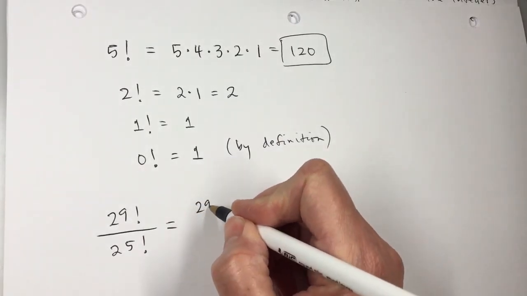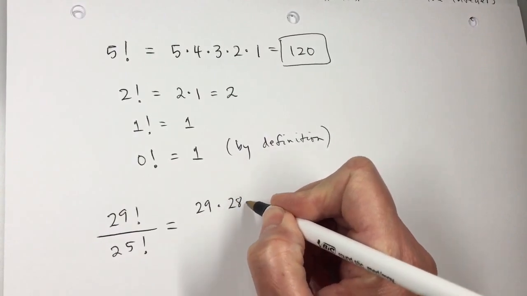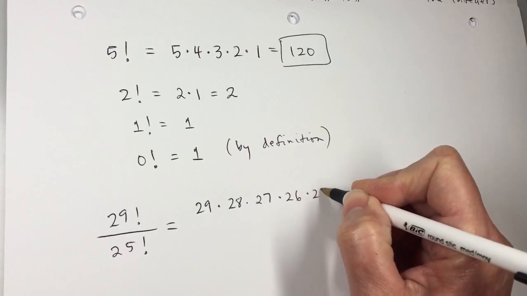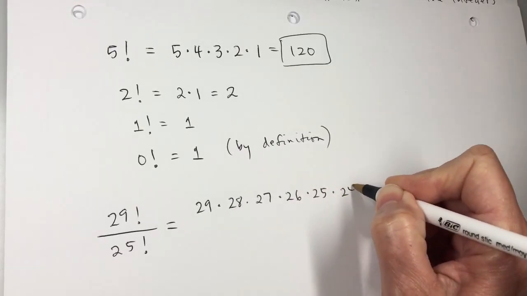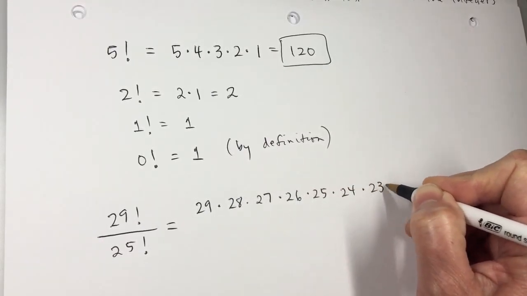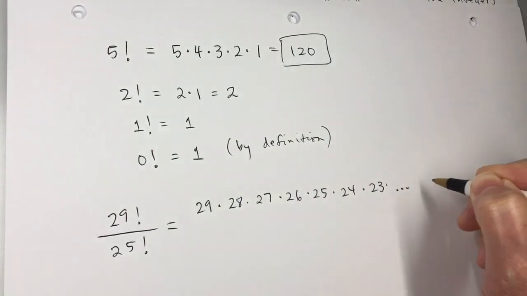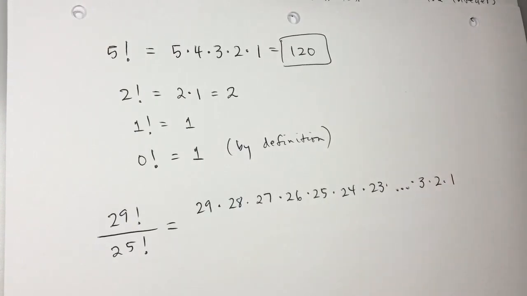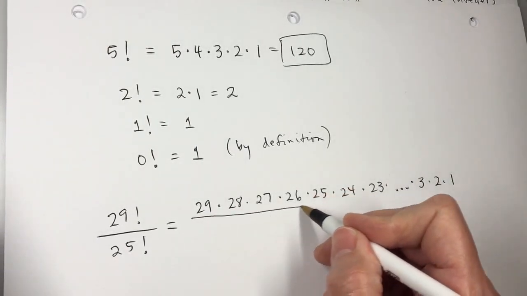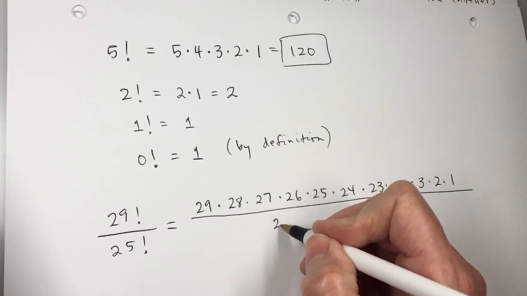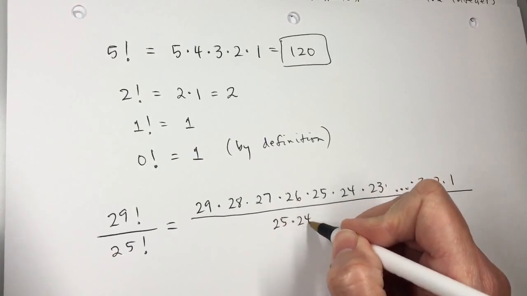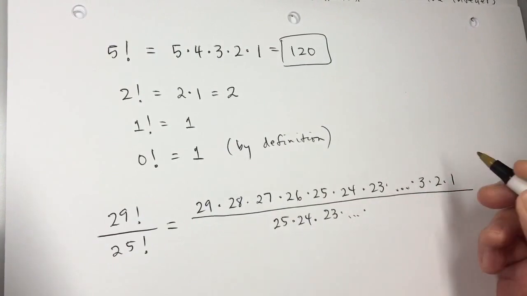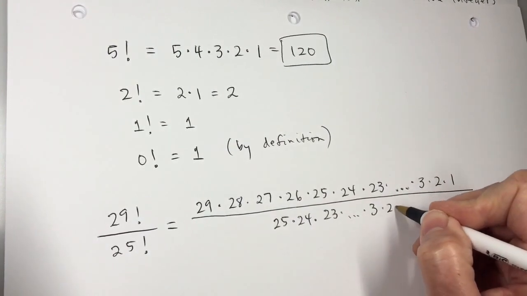And this would be 29 times 28 times 27 times 26 times 25 times 24 times 23, I'll put the 3 dots, 3, 2, 1. And then I'll divide that by 25 times 24 times 23 times, I'll put my 3 dots, all the integers in between, 3, 2, 1.